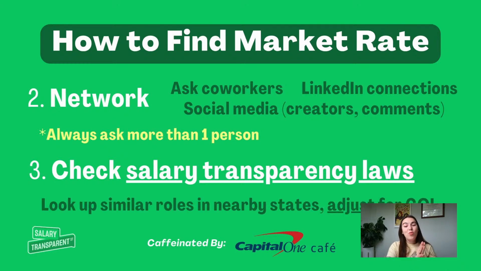However, if you do not live in a state with a pay transparency law, here's how you can use this to your advantage. You can look up similar roles in nearby states with as close a cost of living as possible, figure out what those jobs are paying in that area, throw that number into a cost of living calculator, and you can adjust it pretty close to what the role would pay in your area.